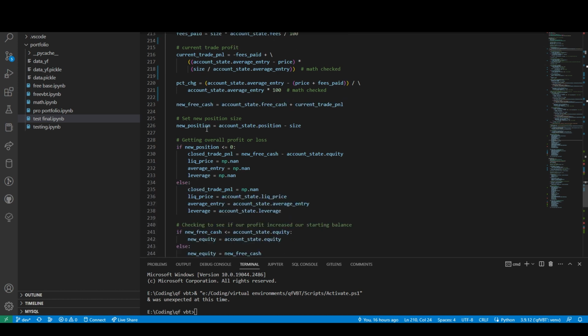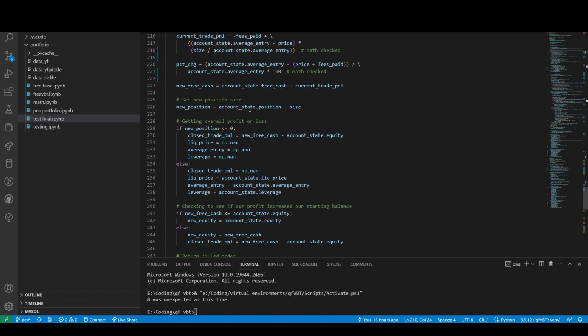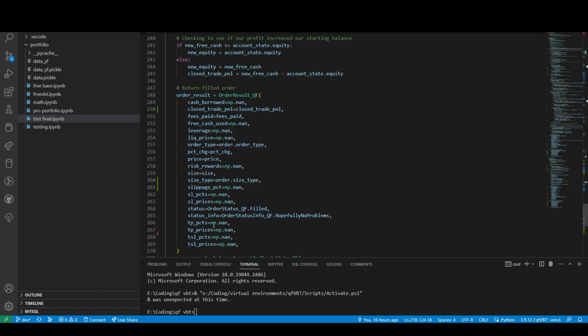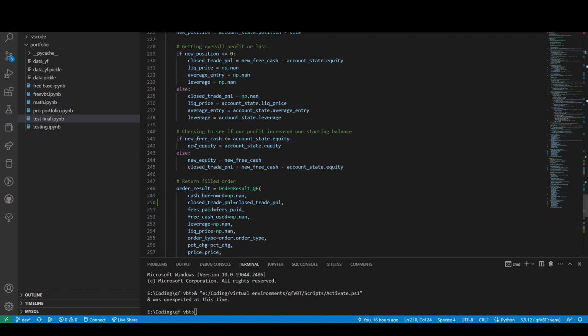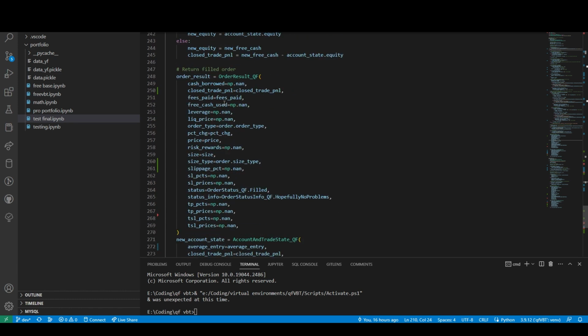So we check, we do all of this stuff, and then if we are in a position of 0, then I need to set all of these things to nan. I don't know. If not, then I still need to be able to check the stop loss prices and the take profit prices and all this other stuff. So I gotta think about this.